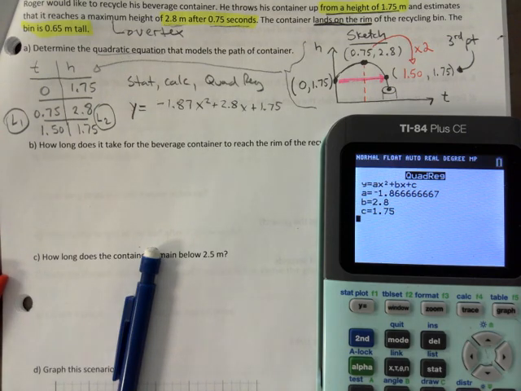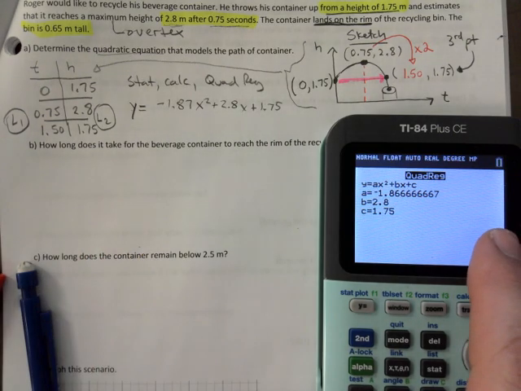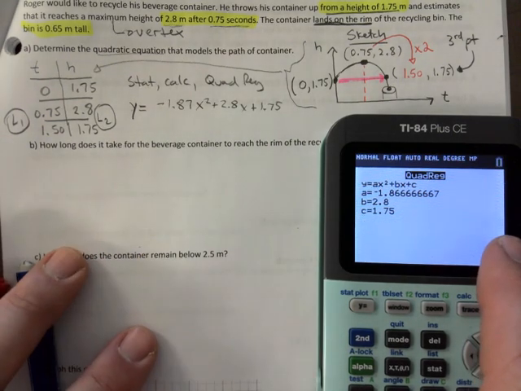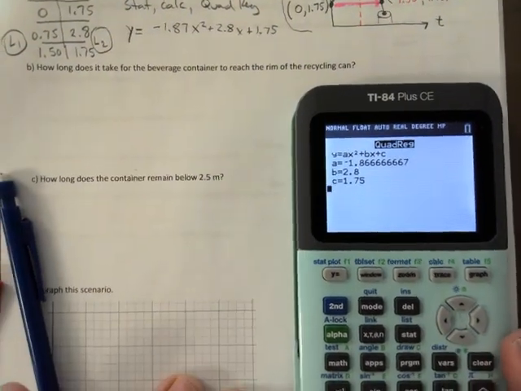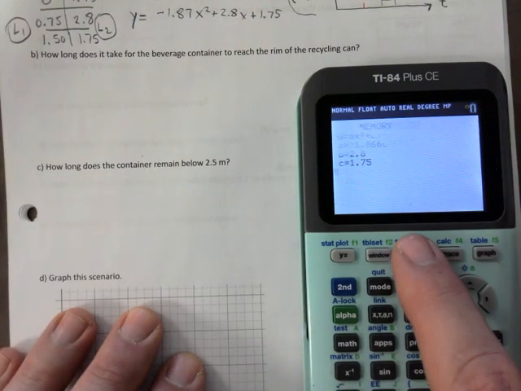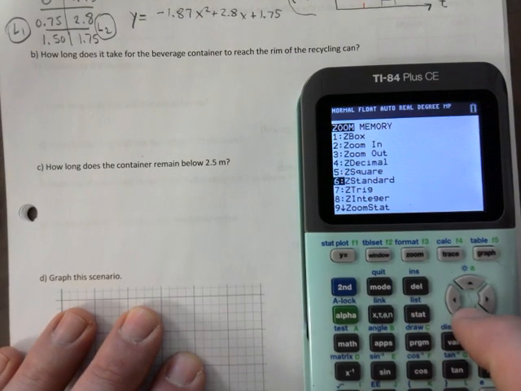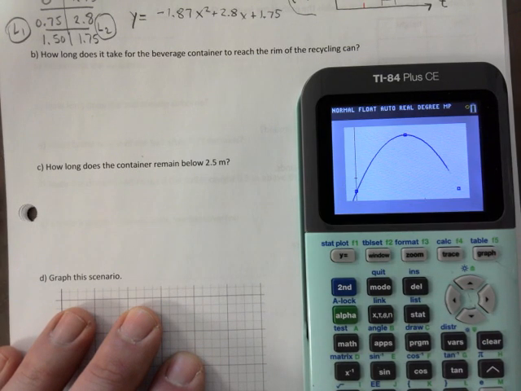And now this turns into just a normal word problem, just like we've done before, right? Once you've got your equation, you can answer anything I throw at you. So this kind of goes way back to starting word problems. So let's answer this. Maybe it's good to see if we can see this graph on our calculator. So I'm going to go zoom stat, because when you do this, you can use that zoom function. It does a pretty good job.